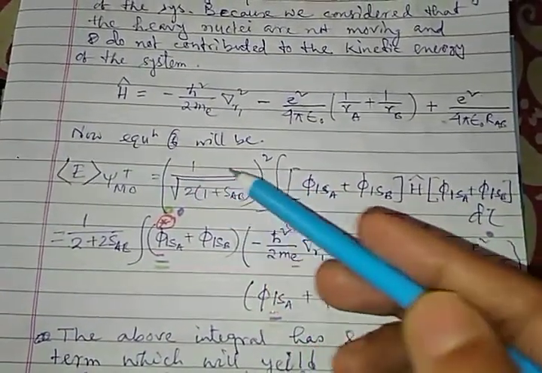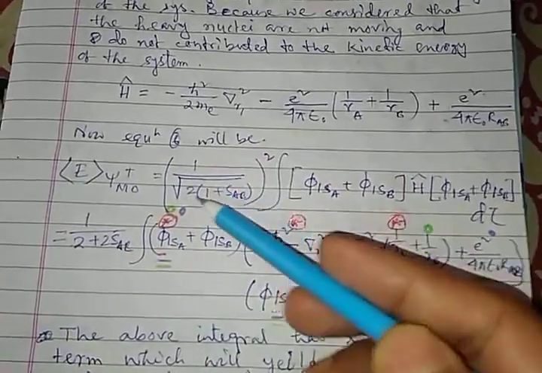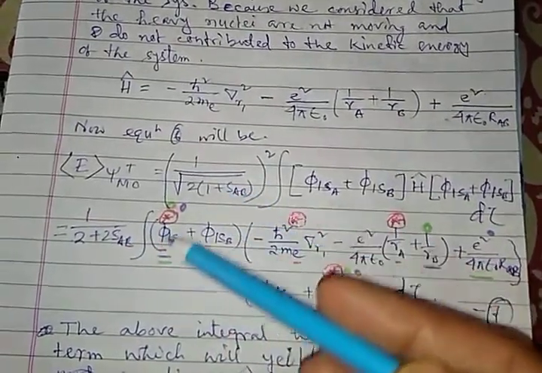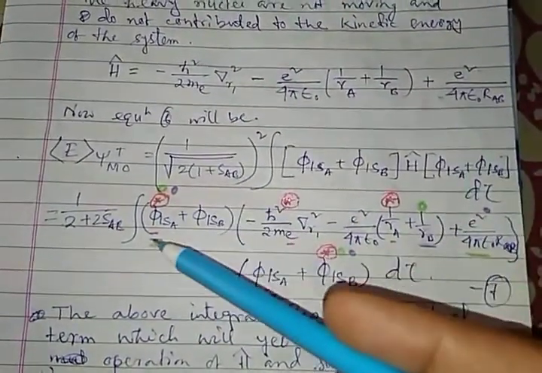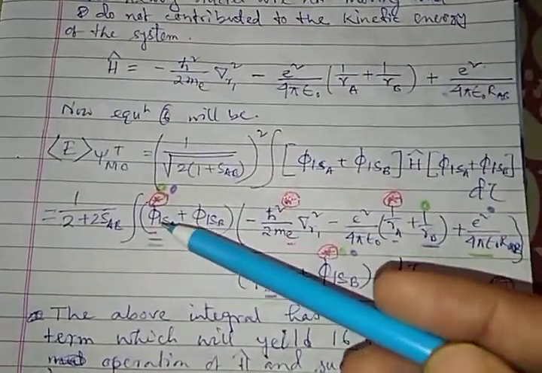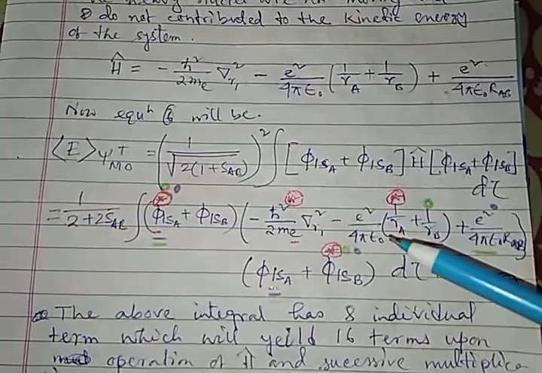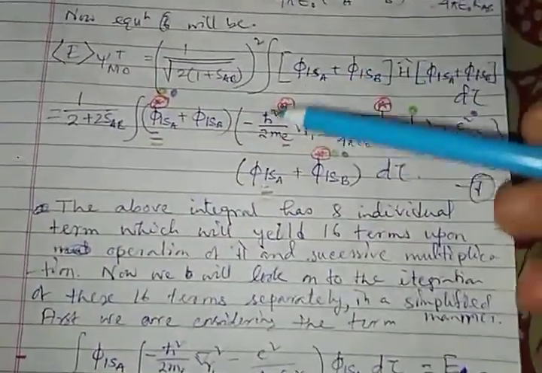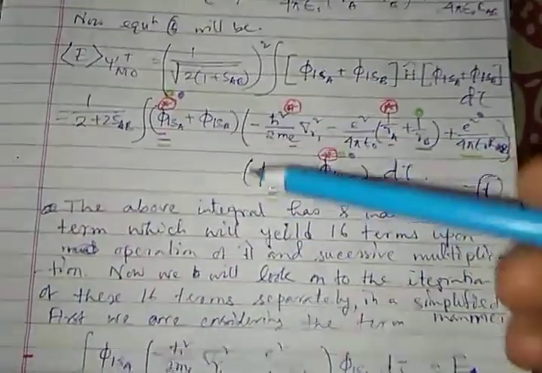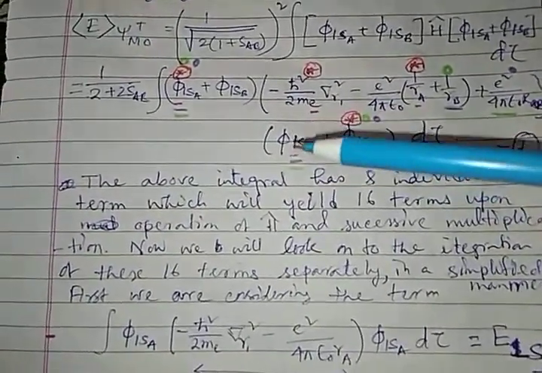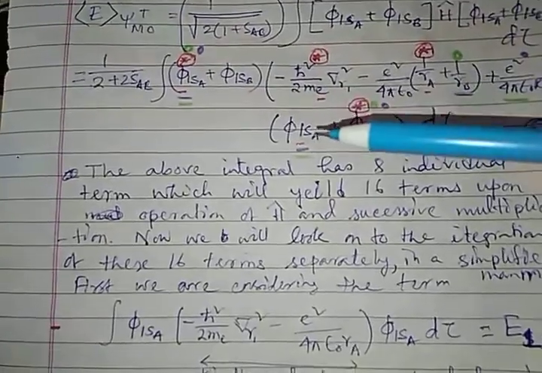So that will come up as a square, and it will be a constant quantity, so it will be outside the integral. Now I have to consider the integration of this big integral, which has 1, 2, 3, 4, 5, 6, 7, 8 terms. If I multiply these 8 terms and operate this operator on this function, it will yield 16 terms.